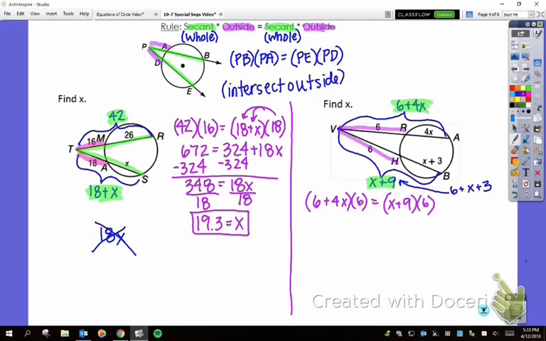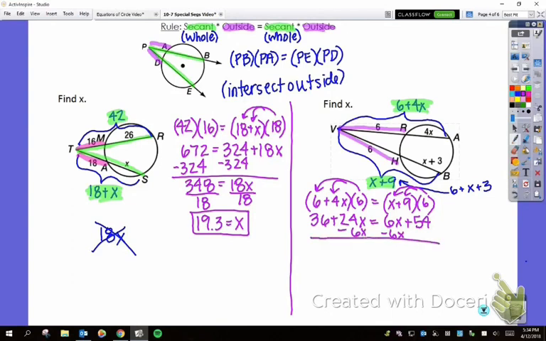And here we've got more distributing. We've got to distribute here, and we're going to distribute on this side. We get 36 plus 24x equals 6x plus 54. Now make sure you're being careful when we've got x's on both sides.